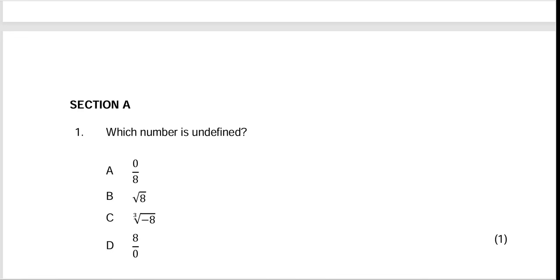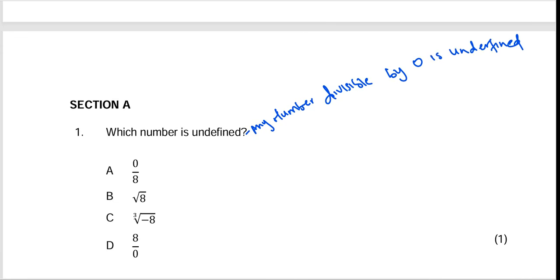What is an undefined number? An undefined number is any number that is divided by 0. Any number divided by 0 is undefined.